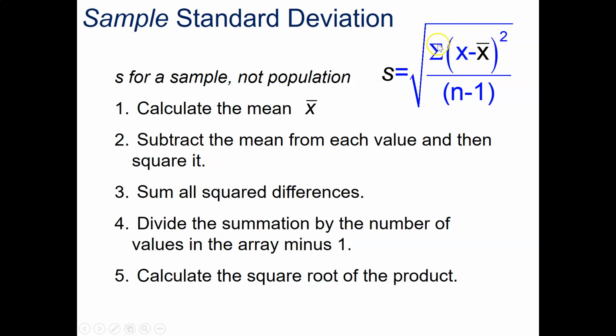That's what this says, right? This sigma says to add all of those things up. Then I'm going to divide by how many data points we have, minus 1, and then I'm going to take the square root of that.